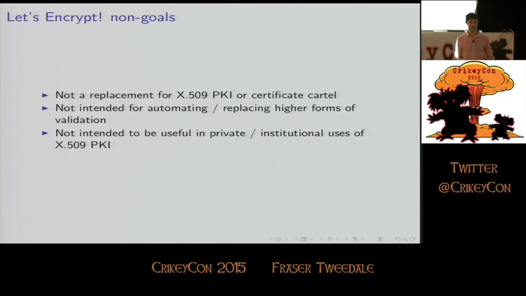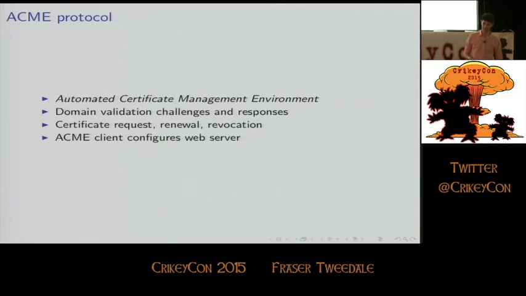And it's not intended to be useful in private or institutional deployments of X.509, although it turns out that the client automation of certificate installation and configuration of server software will probably end up being useful in those sorts of environments. The ACME protocol itself, perhaps not, but we'll see.